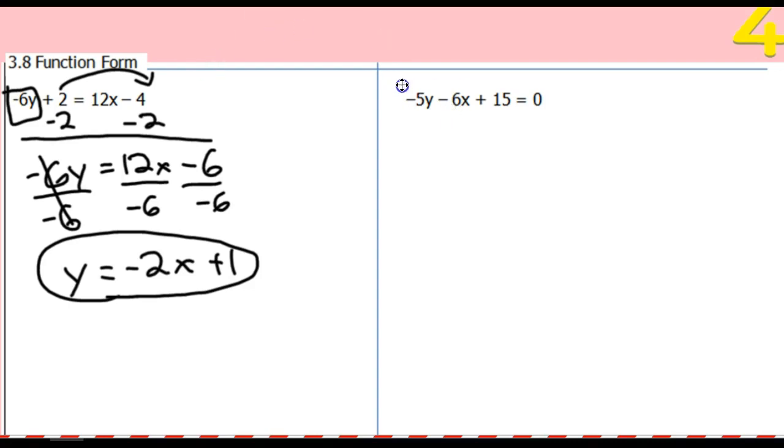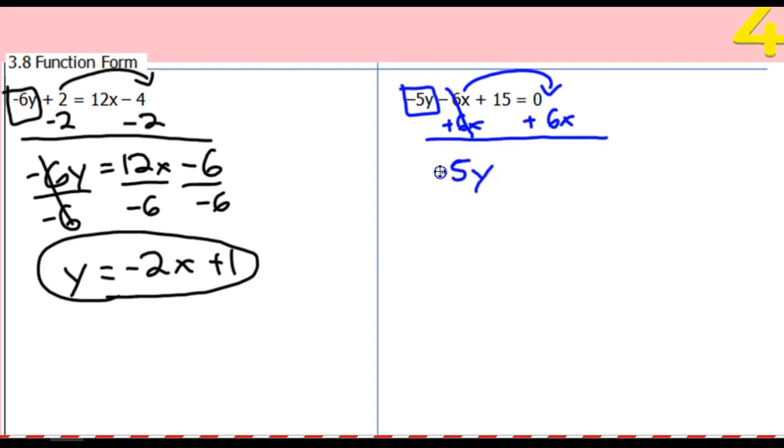Here our y is connected to a negative 5, so I'm going to put a box around that. Now we got to move two things over. First I'm going to move this negative 6x. So I'm going to add 6x. We get negative 5y plus 15 equals 6x.